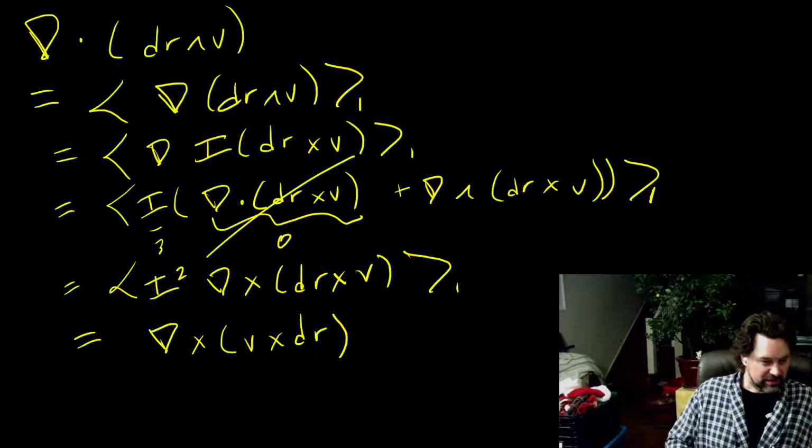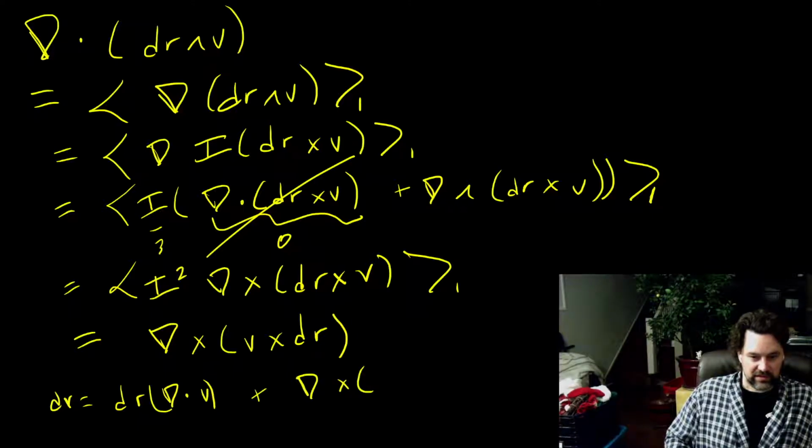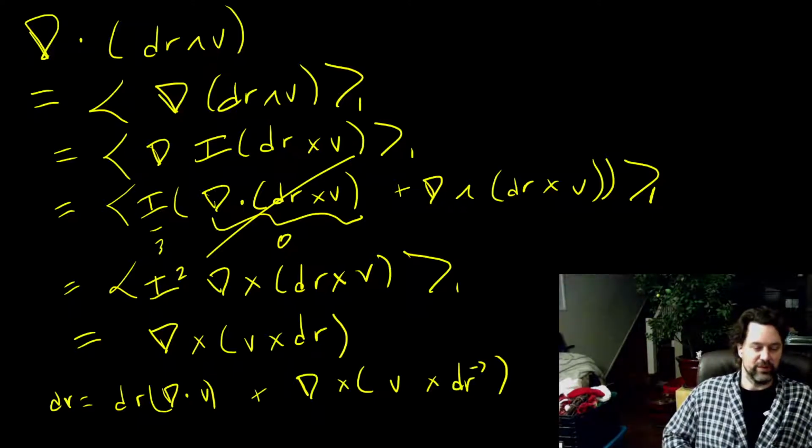So we could write dv as dr grad dot v plus grad cross v dot v cross dr. There's another way of writing this particular differential. And the antisymmetry that was being desired is clearly in effect when we have cross products and cross products in this curl.